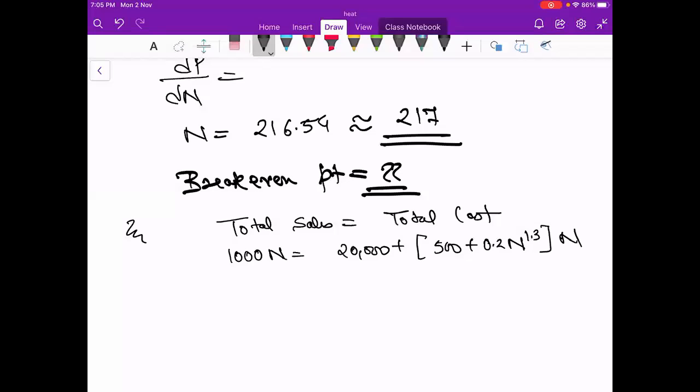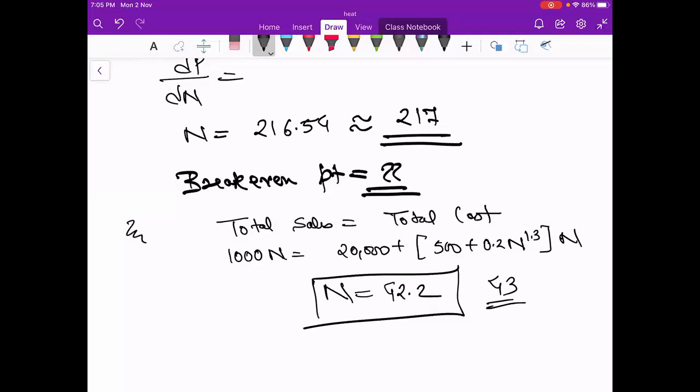When you solve this equation, I know a complicated equation will come. Earlier in GATE calculators were allowed, so you can solve it. I think the answer is coming 42.2. Just see whether this equation is satisfied for 42.2. Better you check for 43. Every student is giving a different answer, but I think it is 43. You can just cross verify.